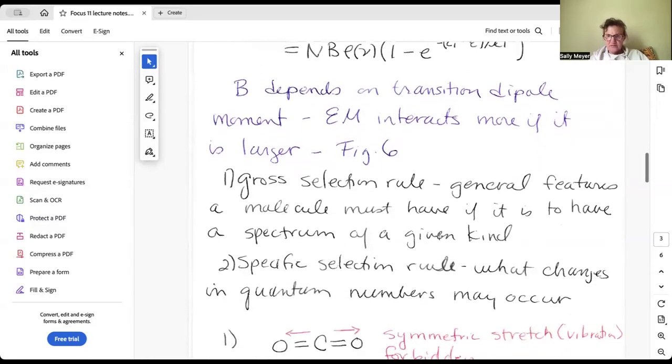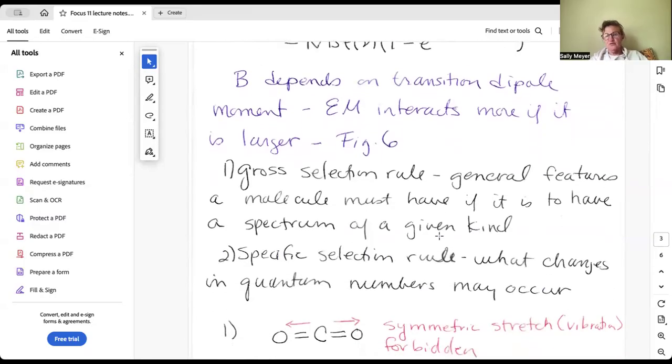Okay, so we have selection rules based on that transition dipole moment. So there are two types of selection rules. The selection rules, as we talked about in atomic spectroscopy, are just a set of rules based on the physics of the interaction of light with the molecule or atom. So a gross selection rule is the general feature that a molecule must have if it's going to have a spectrum of a given kind.